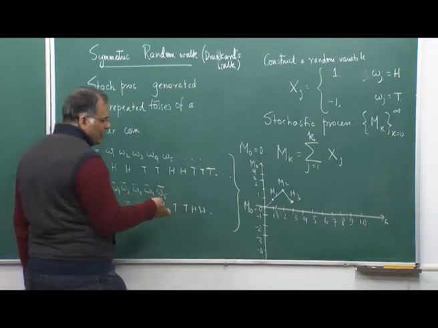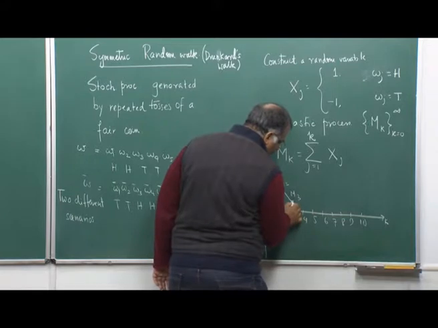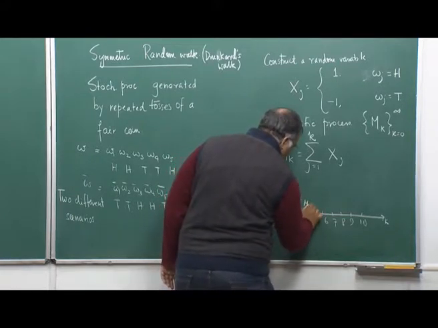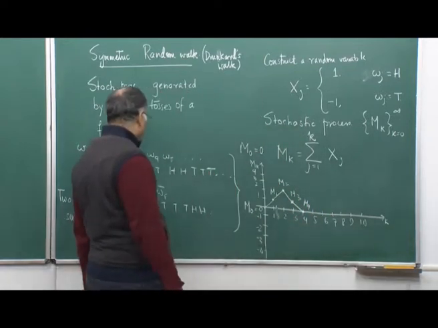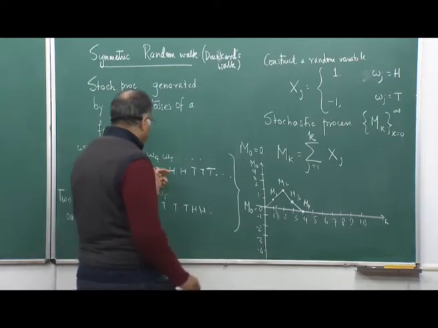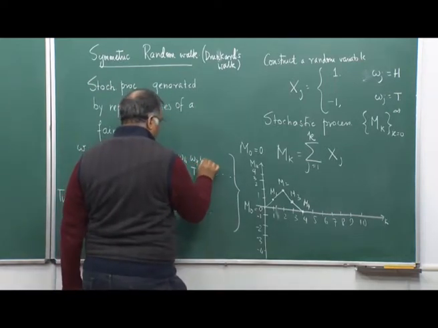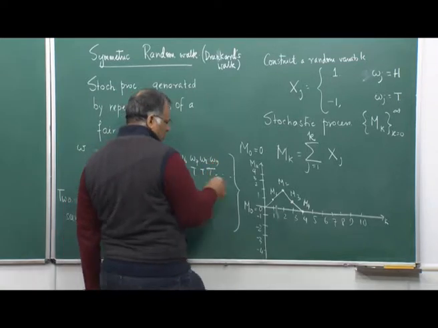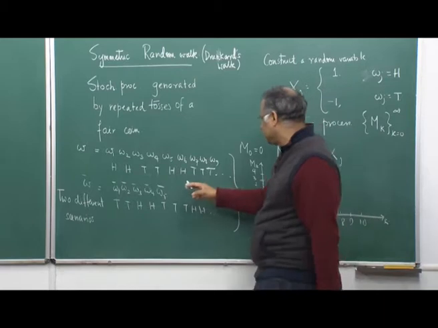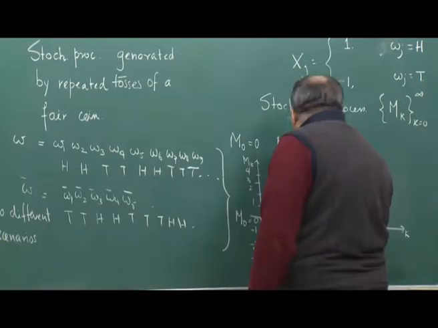And then omega 4 is again tail. So, it drops back to 0, you subtract 1. So, this is your M4, it is 0. Again then you have head for omega 5 say, and here you have omega 6, omega 7, omega 8, omega 9. For M4, your tail, you have come to 0, again then it goes up to plus 1.